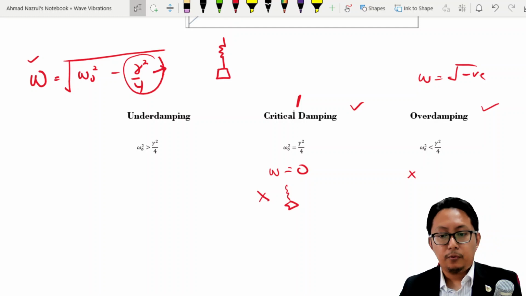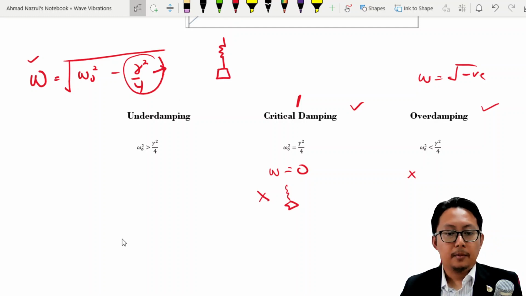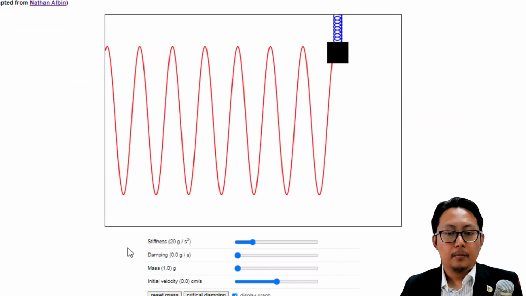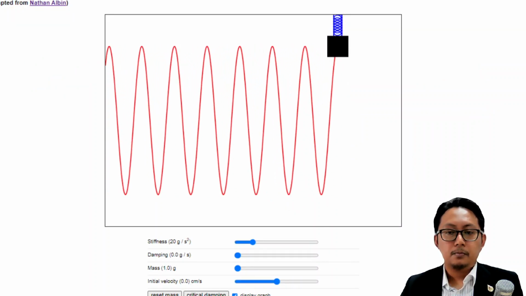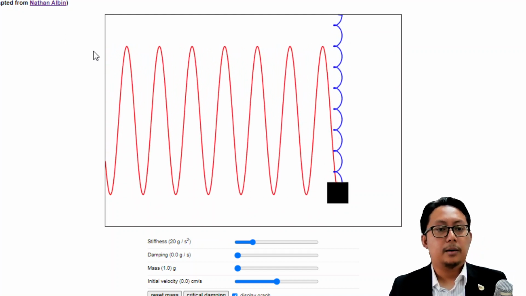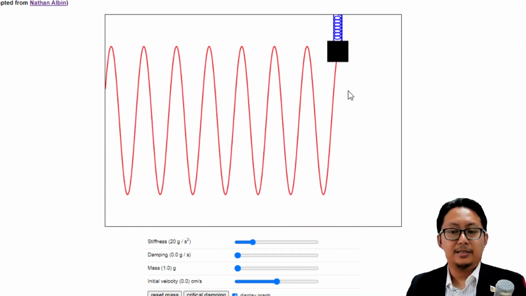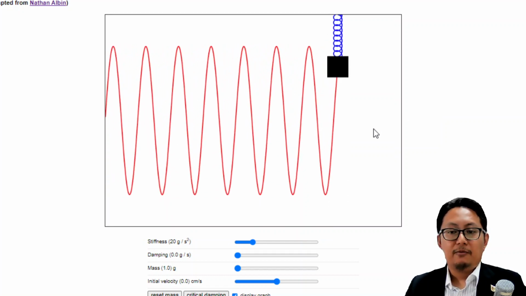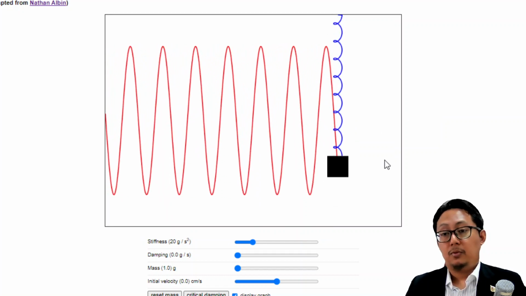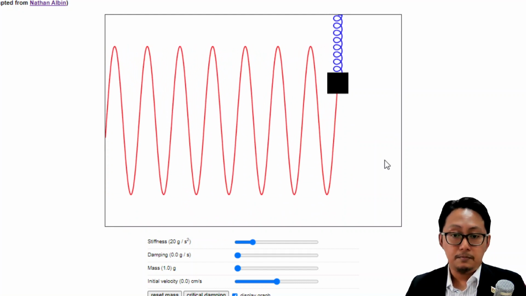So I will show you from the graph. Right now, thank you to Nathan Alvin for producing a very nice simulation here. So we have a mass spring system that oscillates. You can say that this is simple harmonic motion.